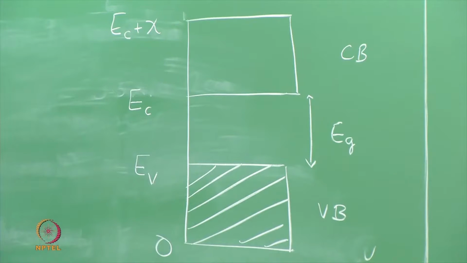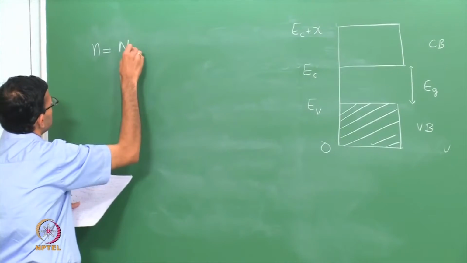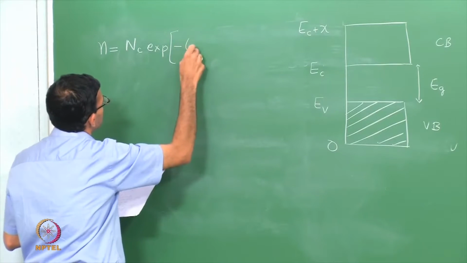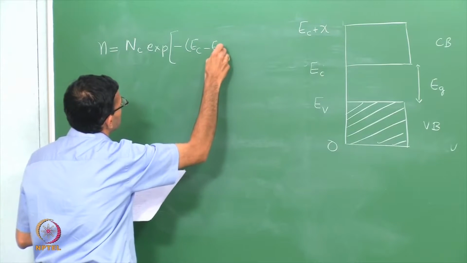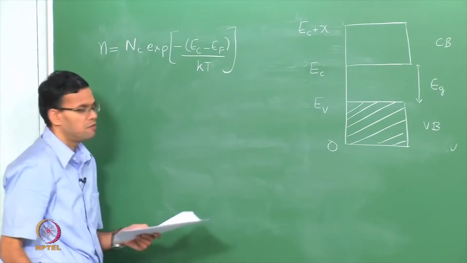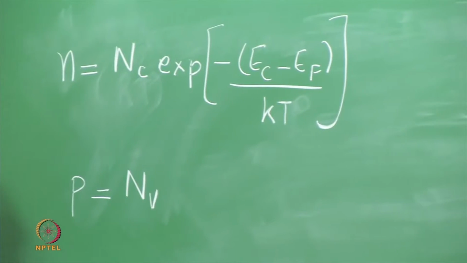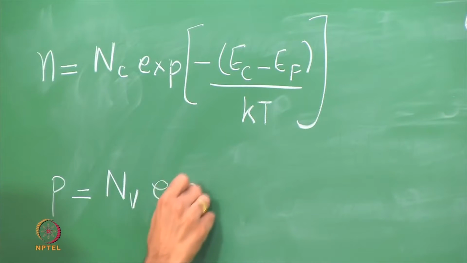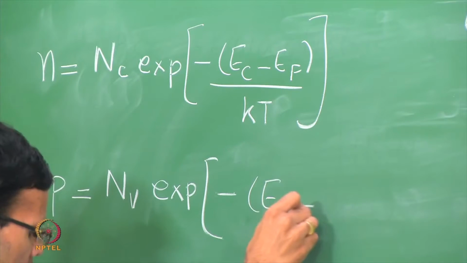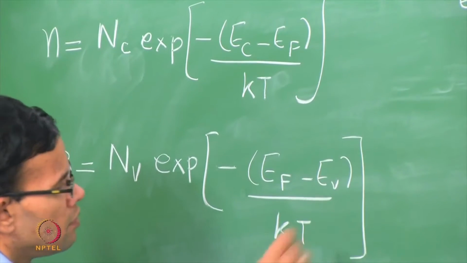We also wrote down expressions for N and P. N is NC exponential minus EC minus EF over KT, where EF is the Fermi energy, P is NV exponential minus EF minus EV over KT.